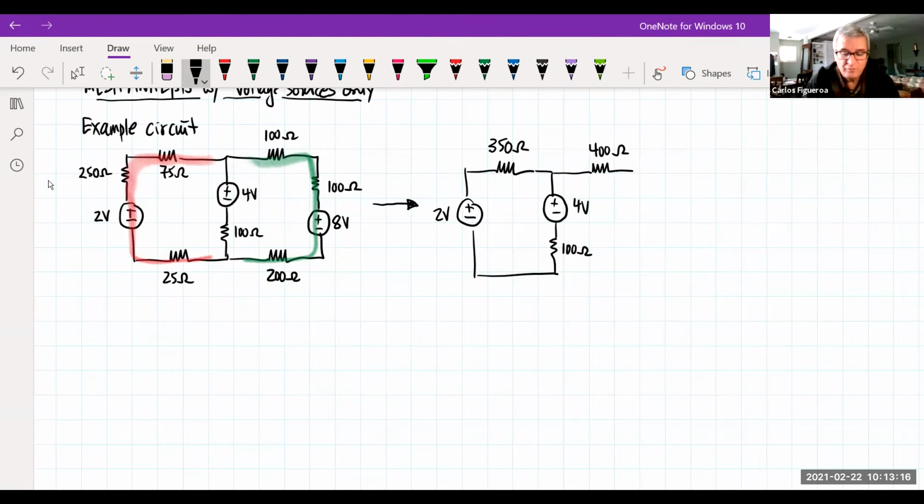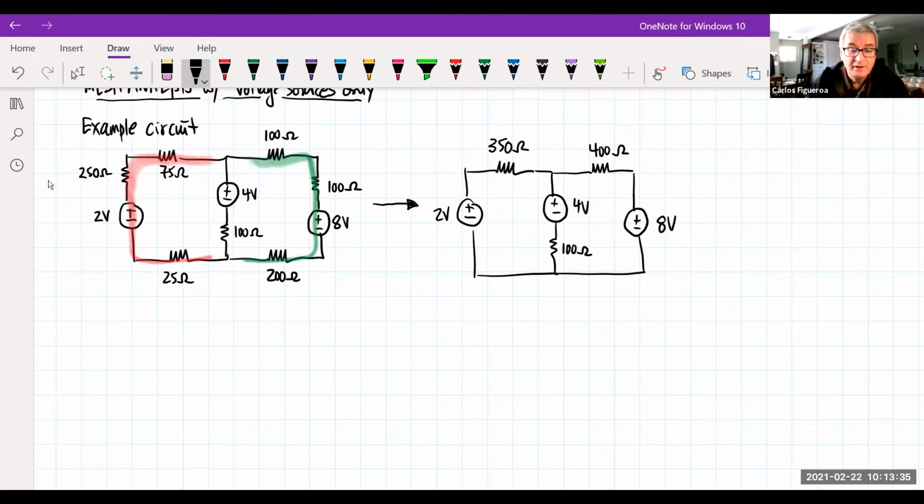So I have one 400 ohm resistor, and then I come over here, and they look like this. So there's my circuit here. This is a much cleaner circuit than doing that.